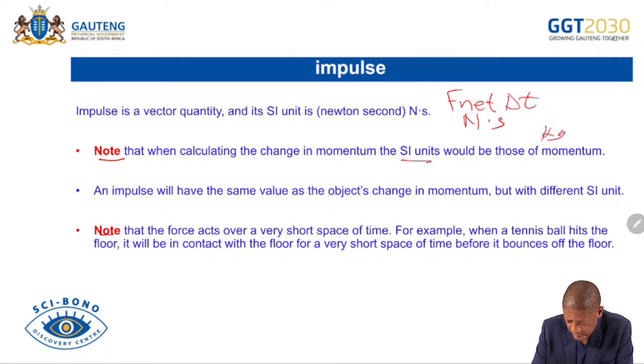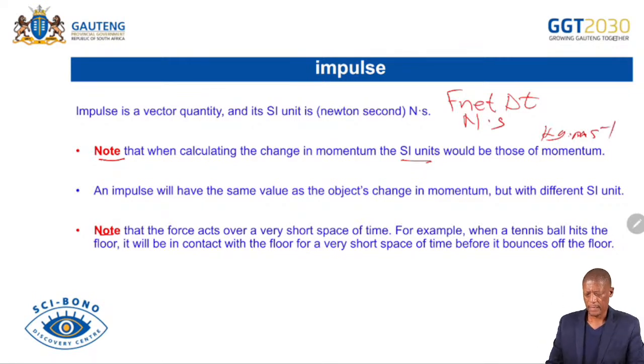Momentum is kilogram meters per second. Now, the statement says the SI unit of change in momentum must be those of momentum. If momentum is kilogram meters per second, therefore, even change in momentum must be kilogram meters per second, is what they are saying.